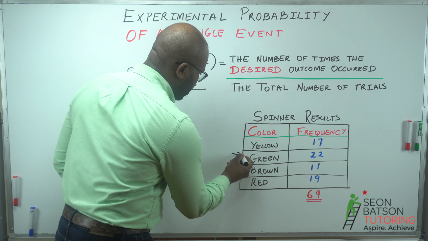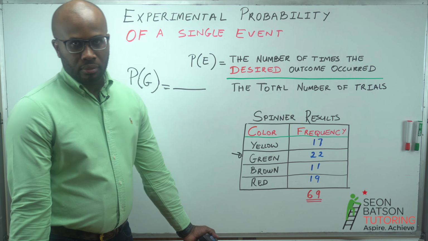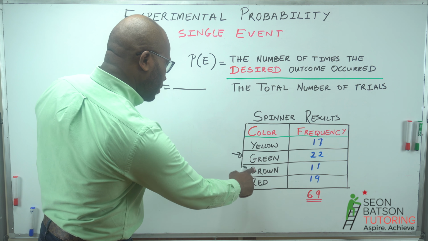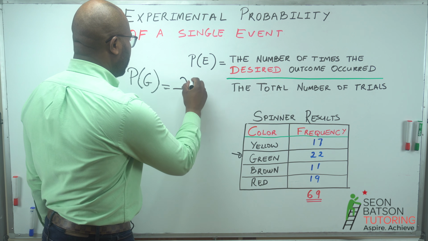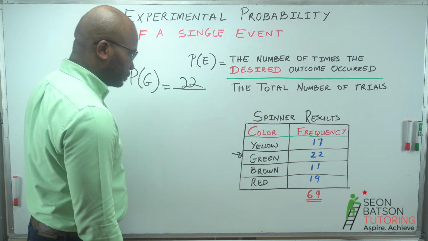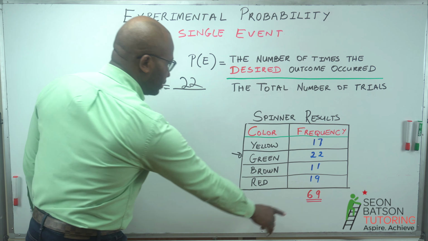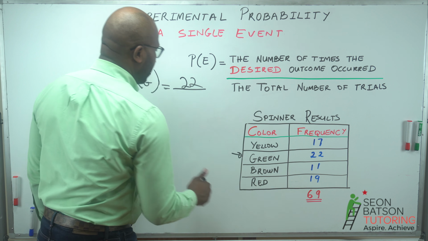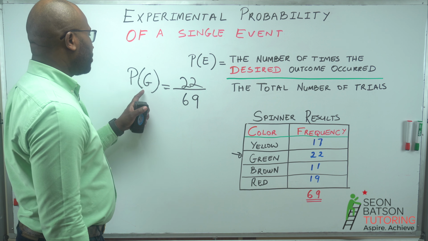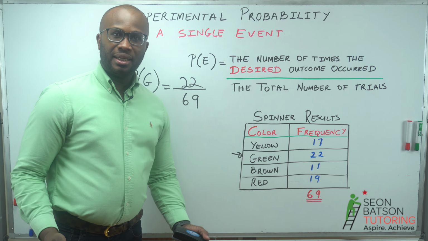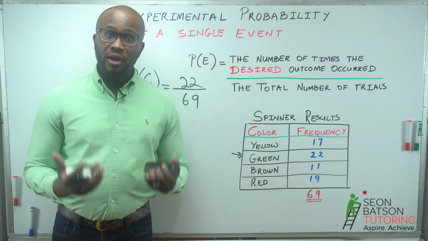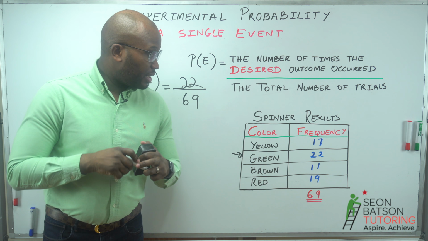According to the table, I got green 22 times when I conducted the experiment. And the total number of trials in the experiment is 69. So the probability of me getting green will be 22 out of 69. I hope that's what you guys got. Very simple, very fun.